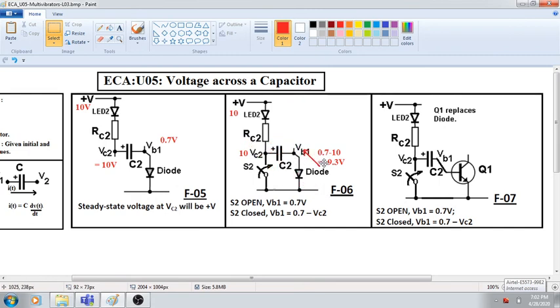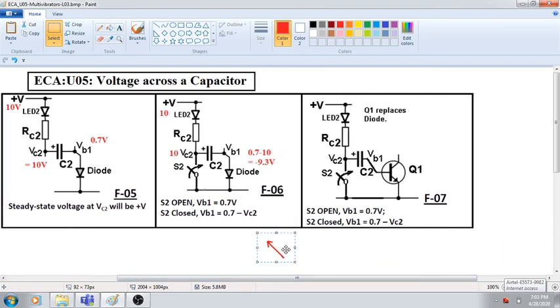Whatever difference was there earlier, that difference must be maintained even after the switch is closed. Before the switch is closed, the difference was 9.3. After the switch is closed also, the difference must be 9.3, because this is 0, this is minus 9.3. Understood? So this is the most important lesson today.